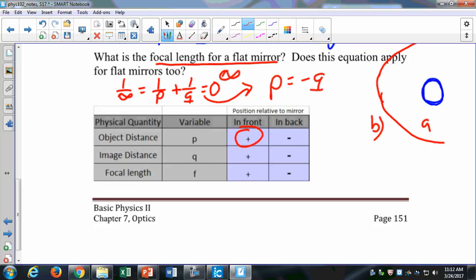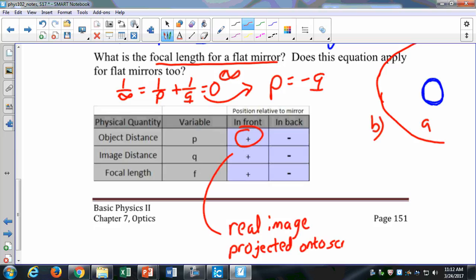The image distance, if the image is in front of the mirror, means it has a positive image distance. Now remember, a plus q means that we have a real image, and that means that it can be projected onto a screen. So, if I have a mirror and I have light shining onto it, if I put a screen back here, I'm never going to get an image on a screen back here from that mirror, right?